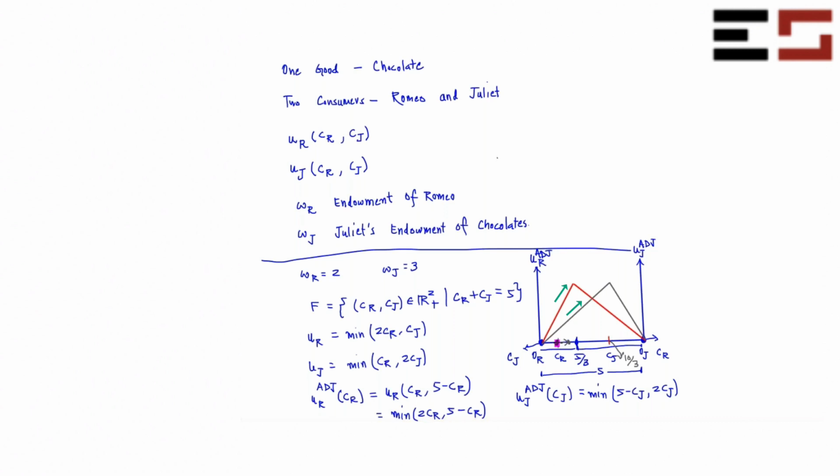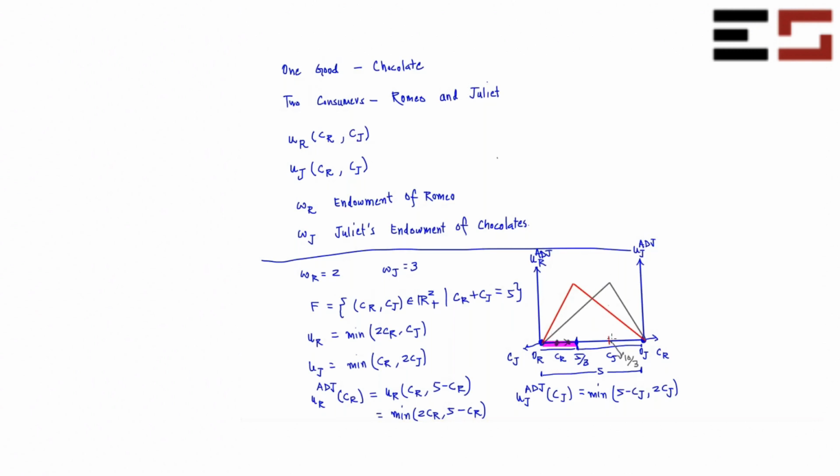You can see that the utility is higher for both Romeo and Juliet if you move from this point to this point. Is that clear to everyone? So this allocation cannot be efficient, and the same logic applies to all allocations where CR is less than 5 by 3. So no allocation where CR is less than 5 by 3 is efficient.